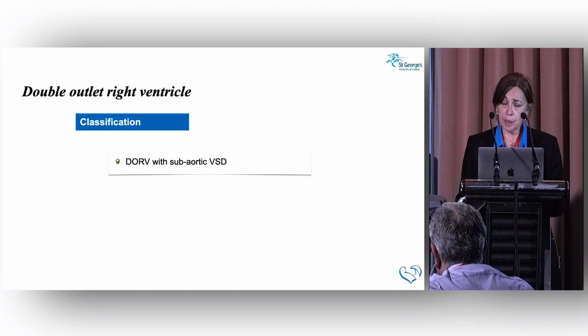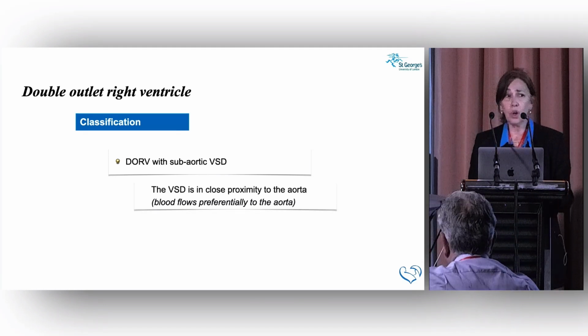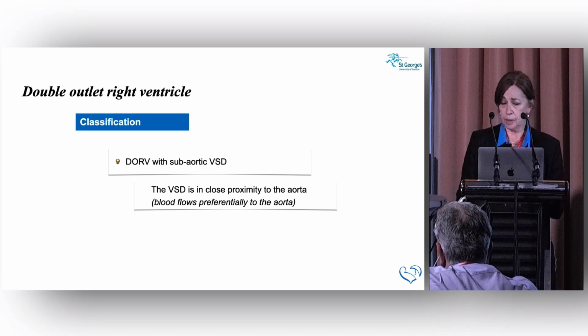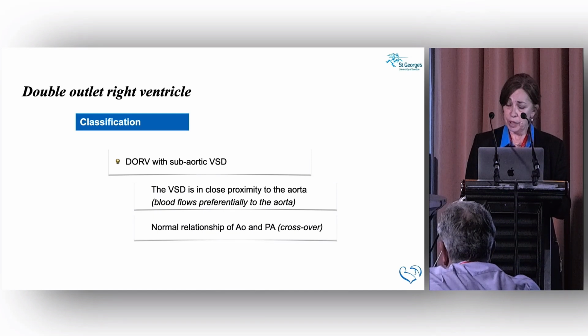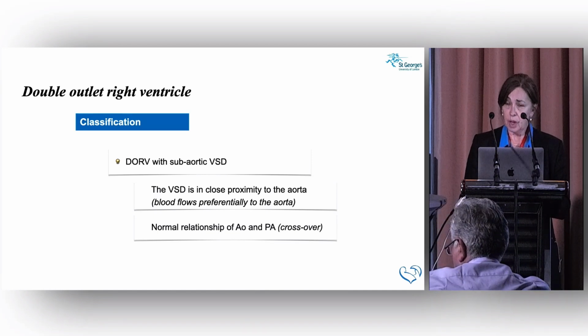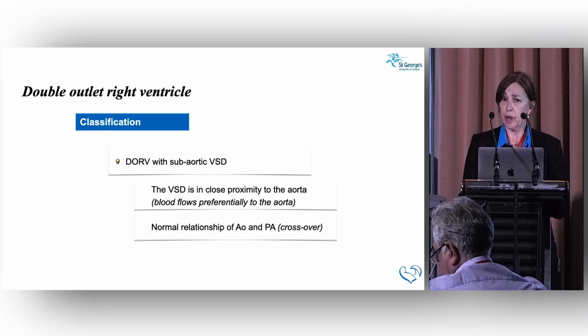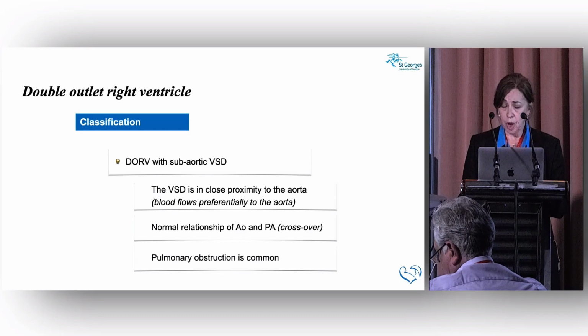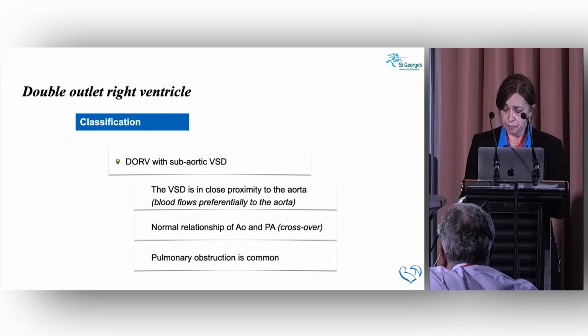If we start with subaortic VSD, it means that the VSD is in close proximity to the aorta. So blood flows preferentially from the left ventricle to the aorta, and this is important in terms of predicting the clinical picture. There is a normal relationship of the aorta and pulmonary arteries, so they have a crossover, as you would see in the normal heart, and pulmonary obstruction is common.